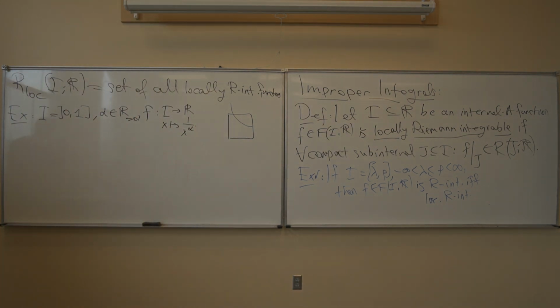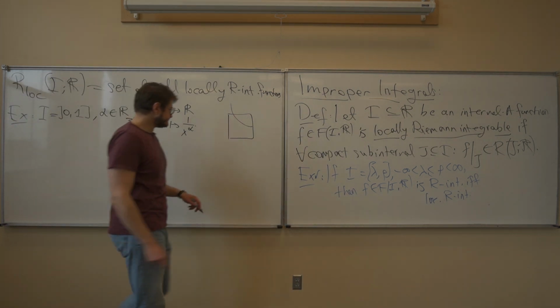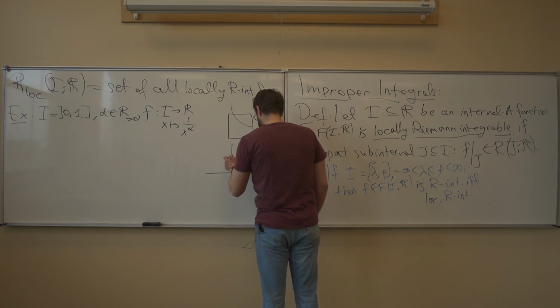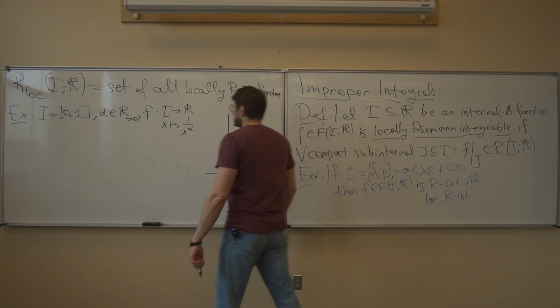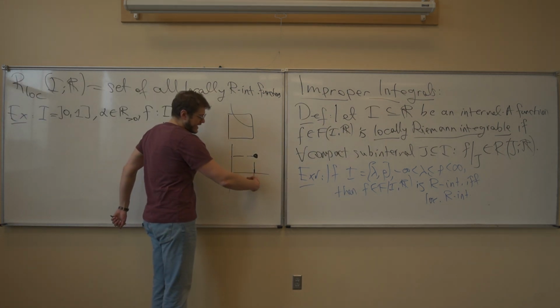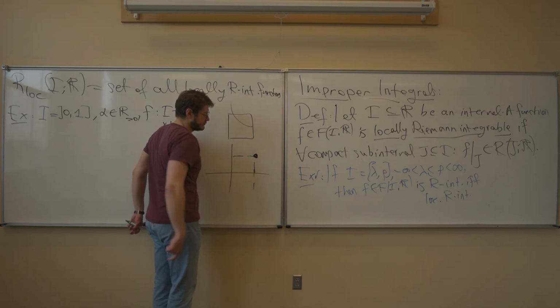So for instance, when alpha is 1, this becomes the hyperbola. No matter what alpha is, f of 1 equals 1. And as I'm taking x to 0, there's a vertical asymptote, right?